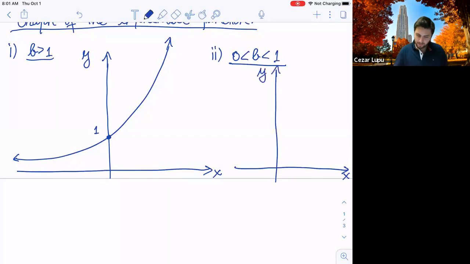Again, it will pass through this point 1, but it will look like this. So one of them will be increasing, the other one will be decreasing. That's what it says based on this graph, if you look at it.